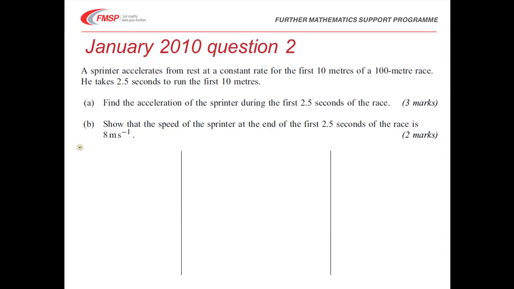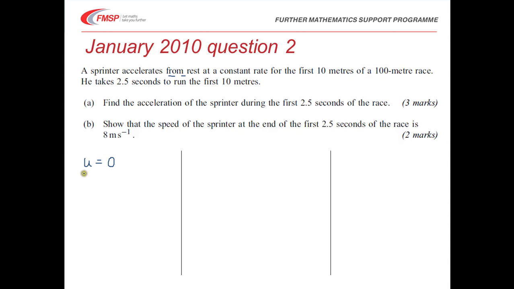So let's have a little look at what we've got first of all. Parts A and B involve this first 10 metres, and in that first 10 metres we're told that it starts from rest, so we know that u equals 0.